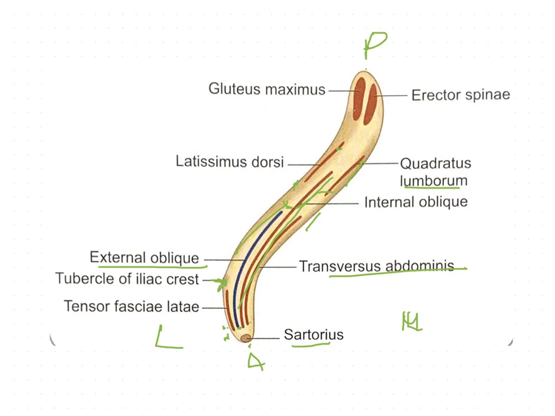The lateral slope gives origin to the gluteus maximus muscle, and the medial slope gives origin to the erector spinae muscles. To keep it simple, we have already studied all these muscles: the abdominal muscles, and you know about the quadratus lumborum as well as the erector spinae.